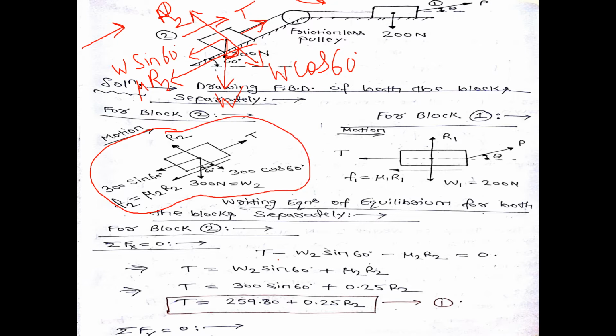Similarly, we can draw the FBD of the first block. Weight of the block, that is 200 Newton, acting vertically downward. This block is kept on a horizontal surface, so the surface will give a normal reaction R in upward direction. Block 1 is connected with block 2 by a common string, so it exerts tension T on this string.